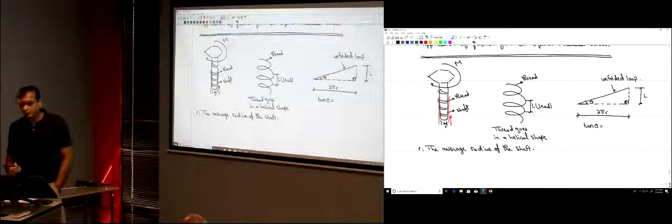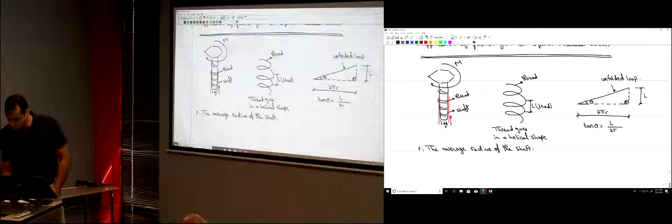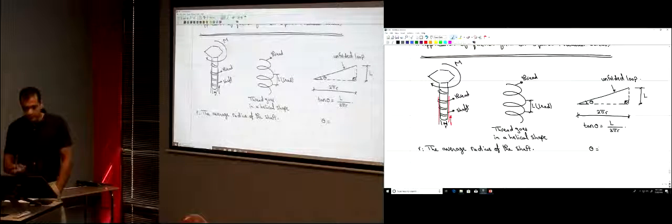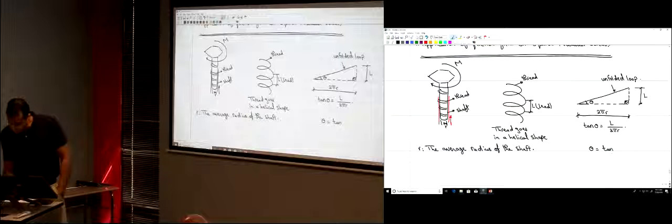The tan theta is what? L divided by 2 pi r, right? So if you know L, the lead, and the radius of the shaft, you can find the angle of the threads. It's tan inverse of L divided by 2 pi r.